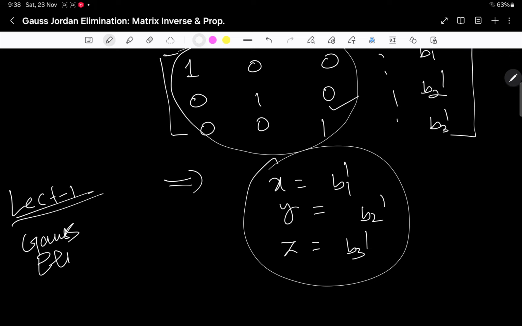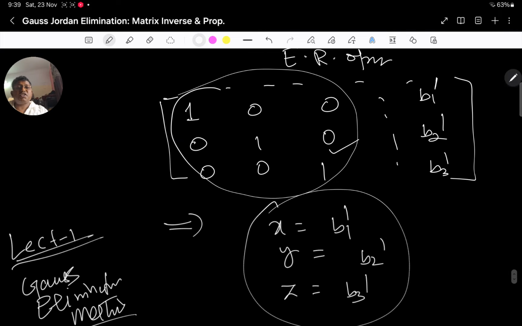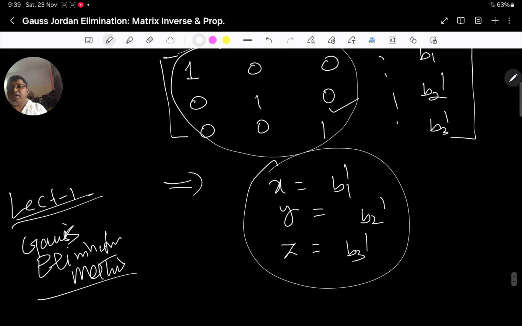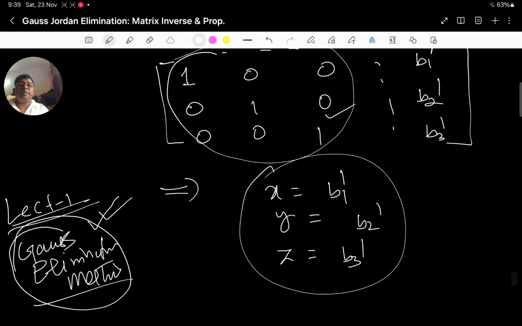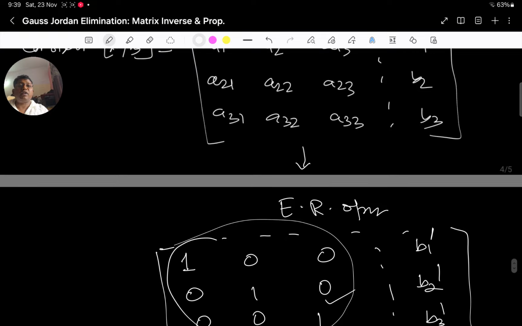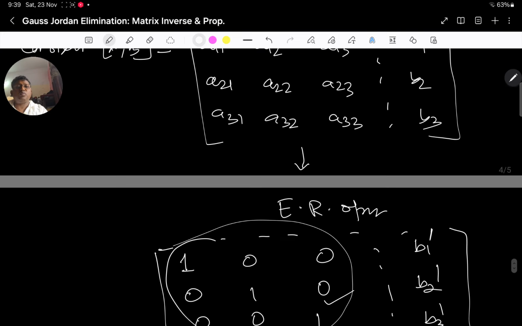For the solution of a system of linear equations, you should refer to my lecture 1, where I discussed the Gauss elimination method and varieties of problems on solving a system of equations. But this Gauss-Jordan elimination we basically use to find the inverse. If at all it is asked to find the solution, then we should move like this.